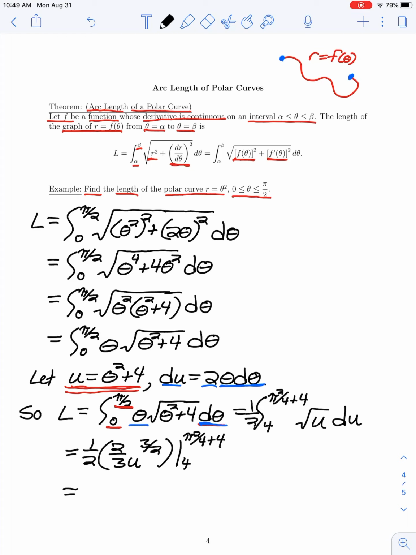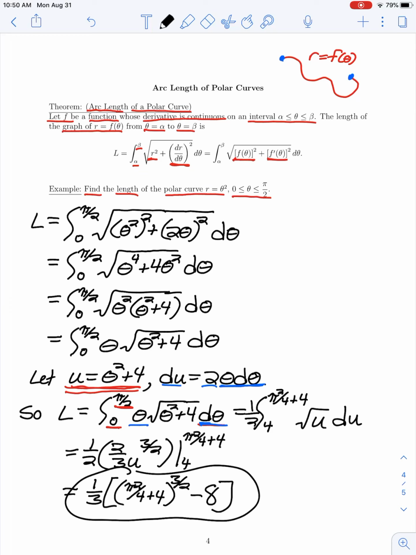Simplifying the constants, I have half of 2/3, which would be 1/3, and then I'm multiplying by u, which, evaluating at my upper limit, I have pi squared over 4 plus 4 to the 3/2 power, minus 4 to the 3/2 power, which is the same as 2 cubed, or 8. So this expression would be the value for the arc length of the indicated polar curve over that interval from 0 to pi over 2.